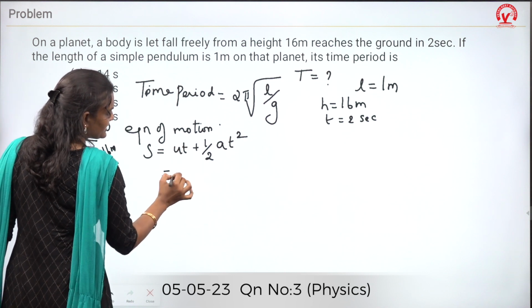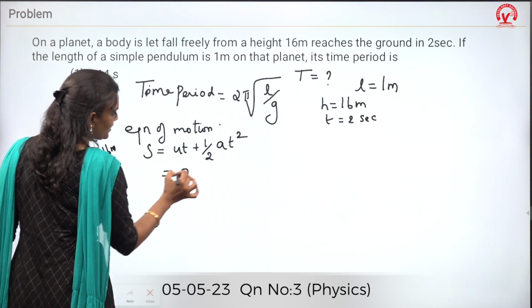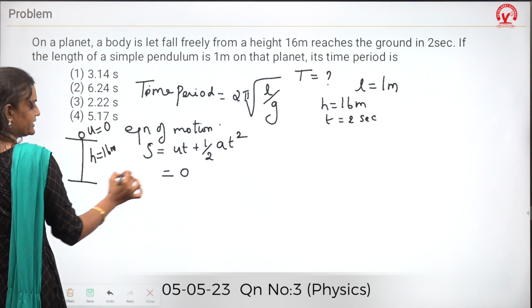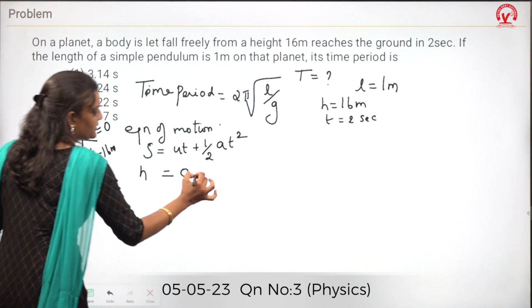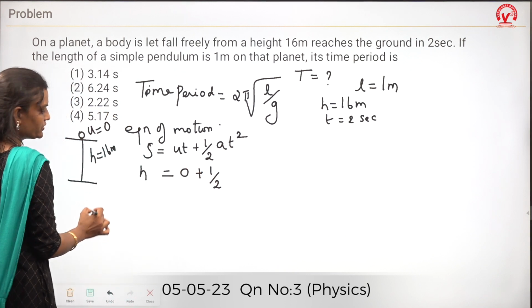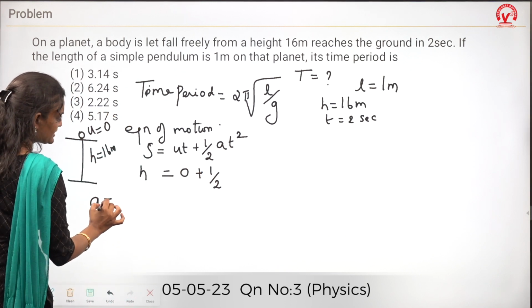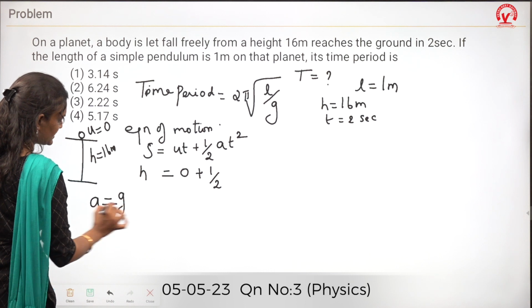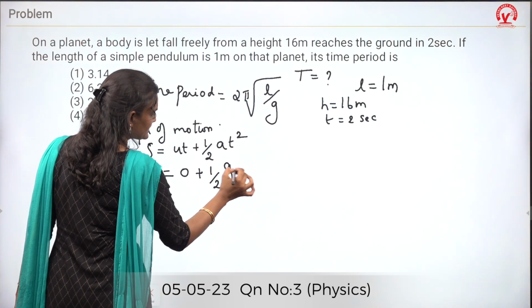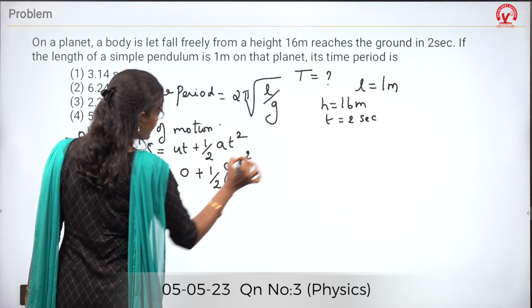So u is equal to 0, and S is nothing but the displacement or height, h, plus 1 by 2 a. We can represent the acceleration a as g, so this is g t square.